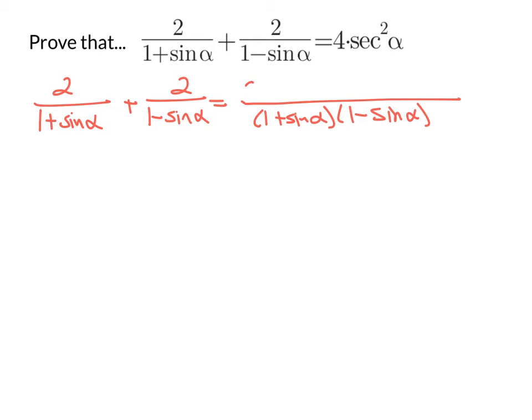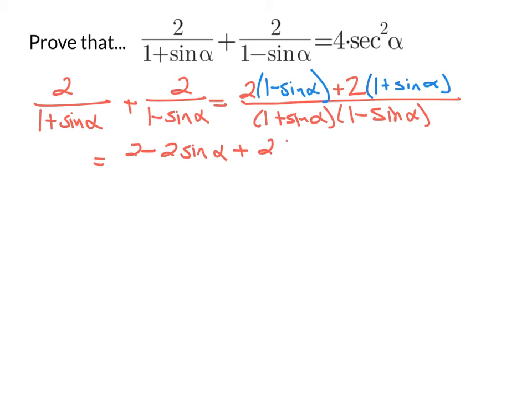Which means in the numerator, the 2 that's in the first fraction has to get multiplied by the denominator of the second fraction, 1 minus sine. And the 2 that's in the second fraction has to get multiplied by the denominator of the first fraction, 1 plus sine. When we multiply this all out, we'll have 2 minus 2 sine, and distributing the 2 again, we'll have 2 plus 2 sine.